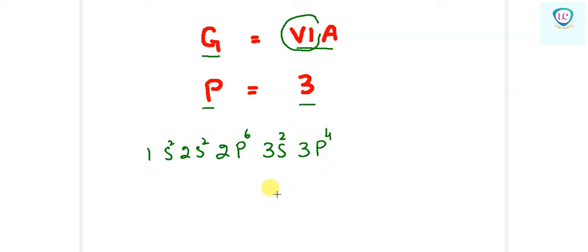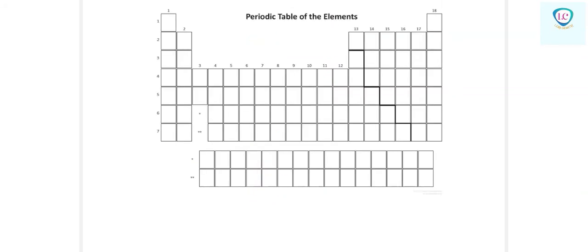So the given element has atomic number 16, and we know that atomic number 16 is sulfur. So the given element is sulfur. In this way we can write the electronic configuration of any element from its period and group number.